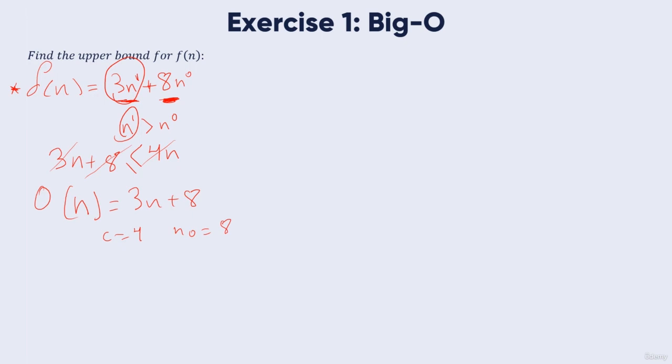If we have the second function, f of n equal to n squared plus 1, what is the highest order of this function? We have two terms, n squared and 1, which is multiplied by n to power 0. So we took n squared. n squared plus 1 is less than or equal to 2 n squared, because we neglect the 1 and add 1 to the same order.